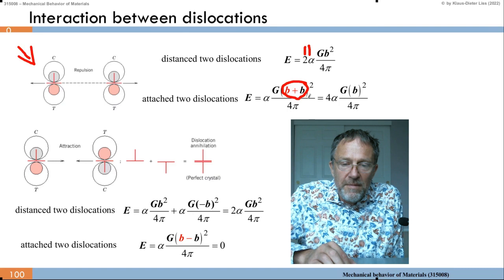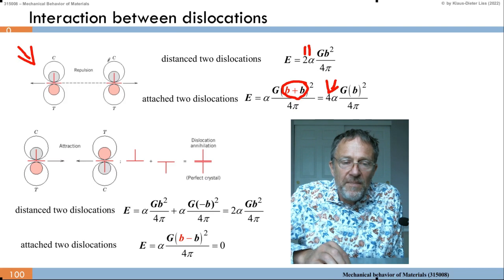This is as close as they can get together. And this b plus b squared gives a 2b squared, which gives a 4. So then I have 4 times the energy of one dislocation. So far away, they're just 2 times the energy. If I put them really next to each other, then it goes up to 4 times the energy of one dislocation.